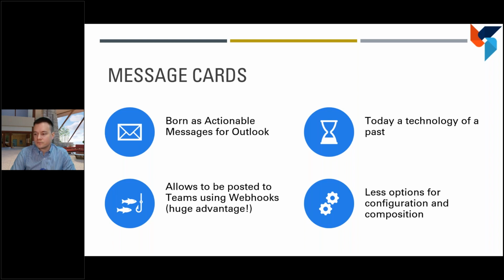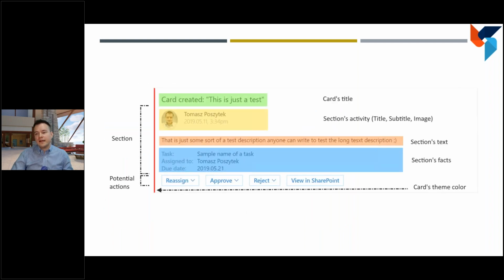Teams allows you to post content by webhooks, and that is important because with this approach, they are somehow more flexible than adaptive cards. On the other hand, they are very limited around what you can actually achieve with them, how you can craft the content. Their schema, as you can see here, is very simple. It is just divided into two major blocks, the section.